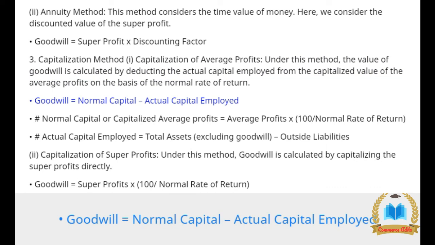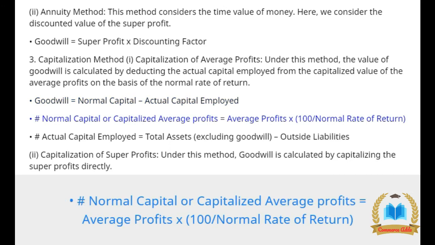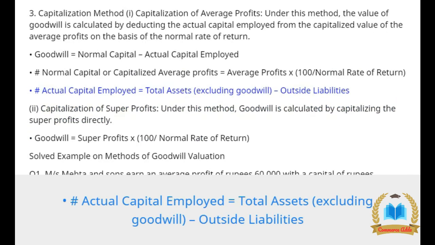Goodwill equals normal capital minus actual capital employed. Normal capital, or capitalized average profits, equals average profits x 100 / normal rate of return. Actual capital employed equals total assets, excluding goodwill, minus outside liabilities.